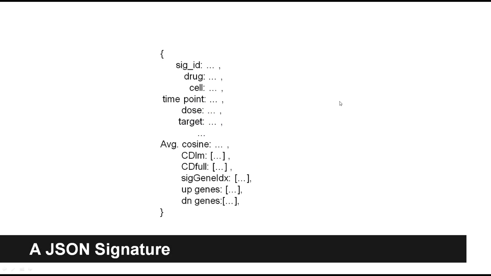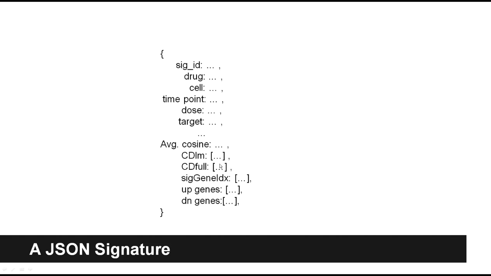We are currently in the process of processing all the level 3 data that are currently available using our characteristic direction approach. We aim to provide the results in a JSON format. The SIG ID will be the unique identifier of an experiment, and then there is descriptive information of the experiment, and we will then give the average consensus of the experiment, which indicates the strength of the experiment.